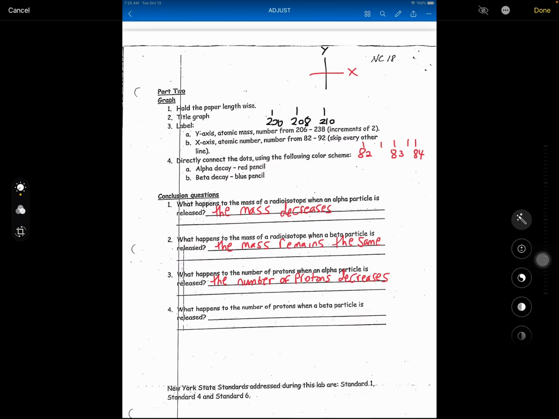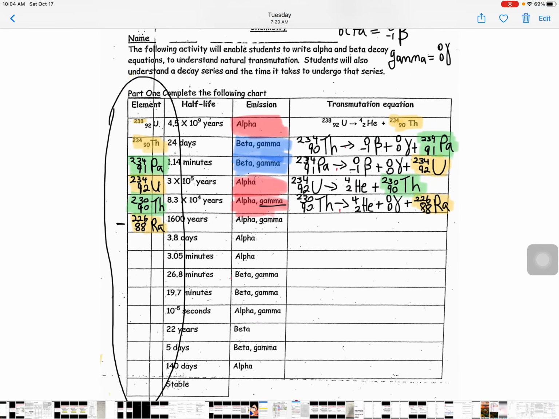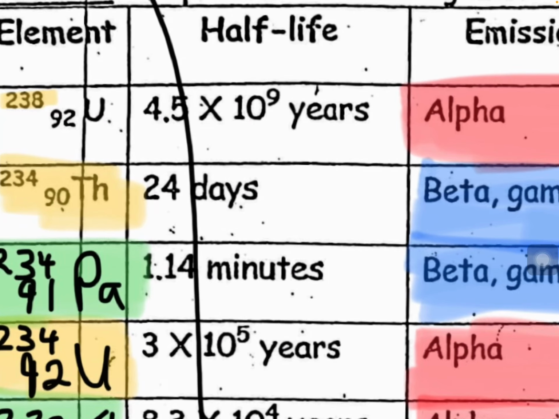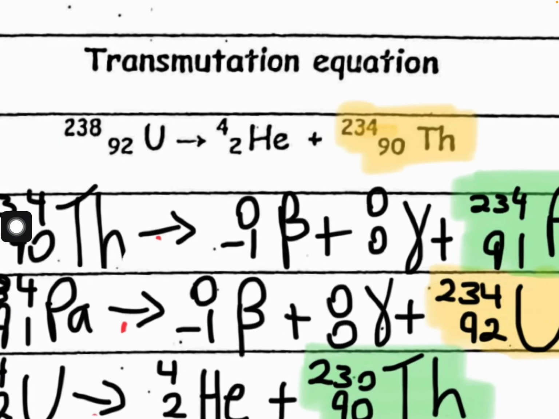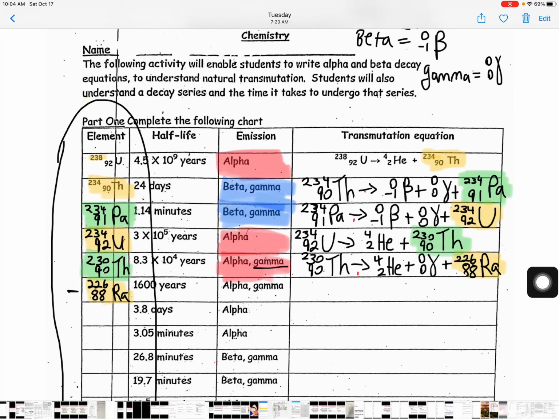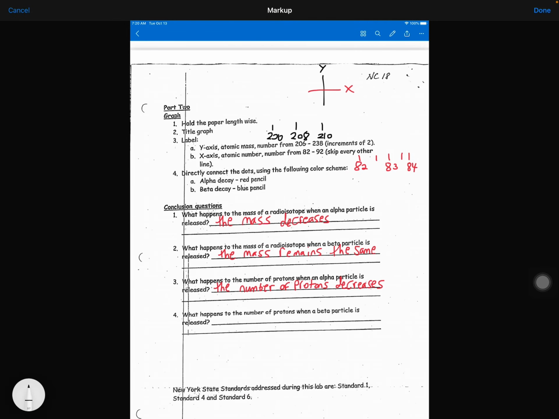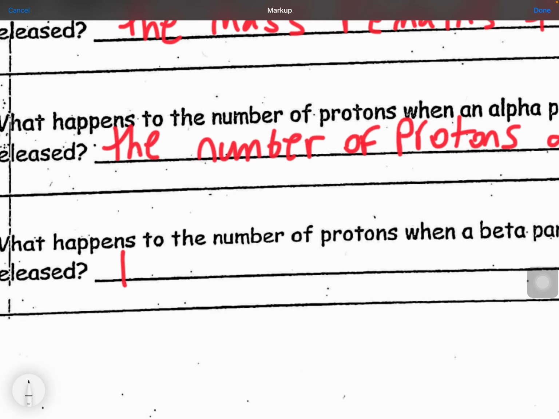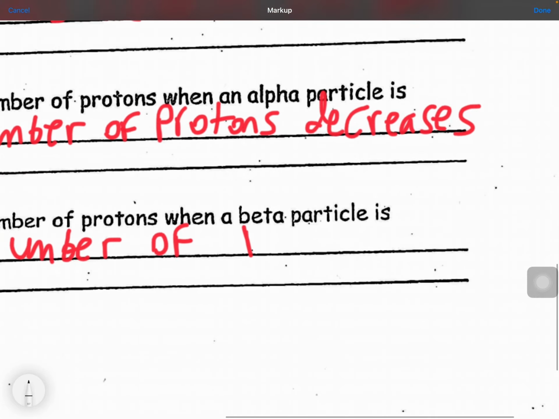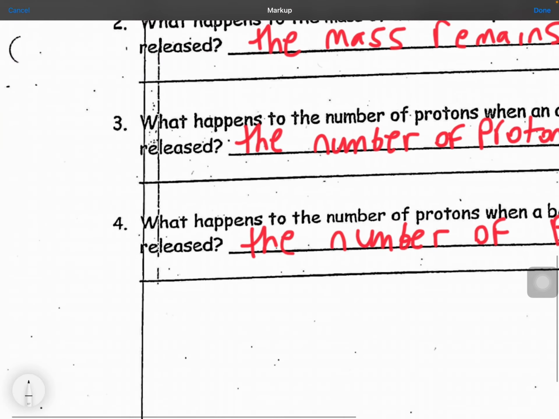And now let's look at the beta particle. We see that for the beta reaction, the atomic number is going from 90 to 91. So as a result, for a beta reaction, the number of protons increases. So again, for number 4, the number of protons increases.